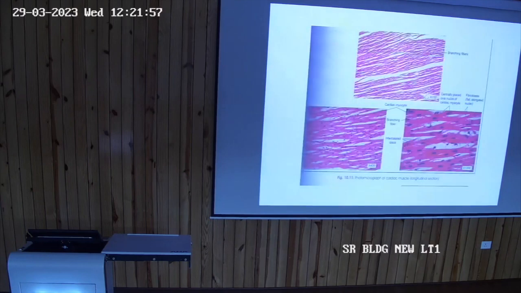Now see the cardiac muscle. In the longitudinal section of the cardiac muscle, the muscle fibers are elongated, the same, though the length is shorter. Important part, see the branching pattern. The muscle fibers are branched. And another thing, see the nuclei. The nuclei are one or two in each muscle fiber, not multiple.